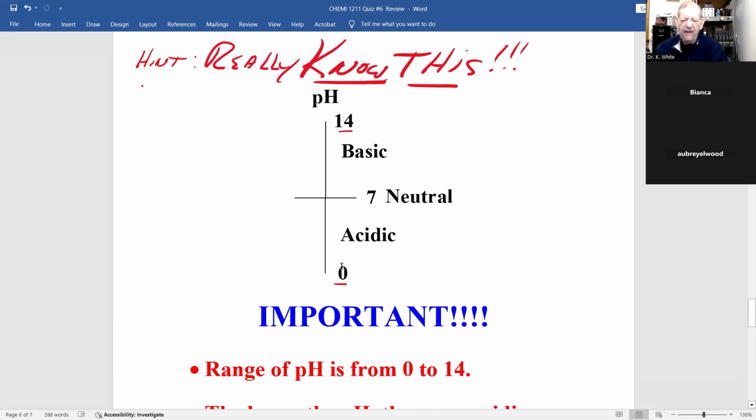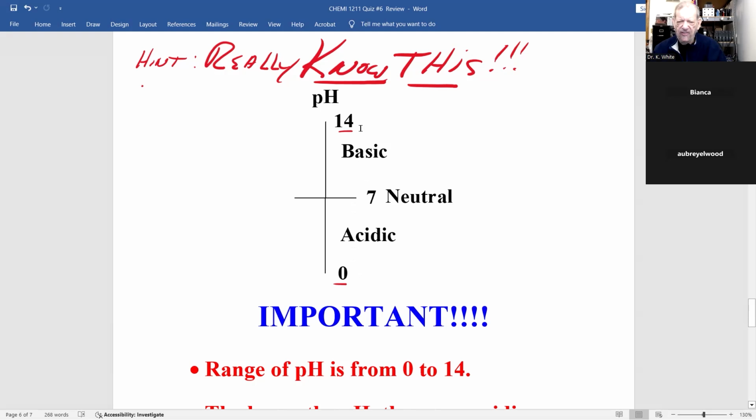But anyways, now at 7, you're at neutral pH. Anything below 7 is acidic. Anything above 7 is basic. The lower you get to 0, the more acidic something is.